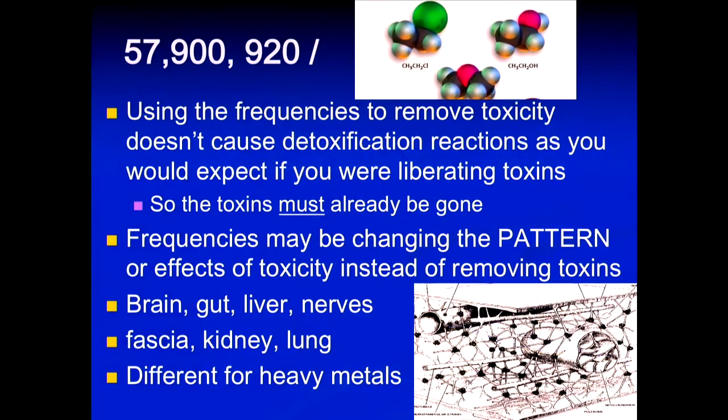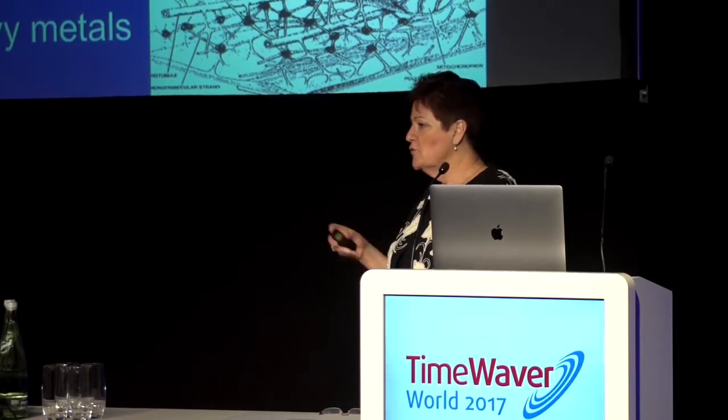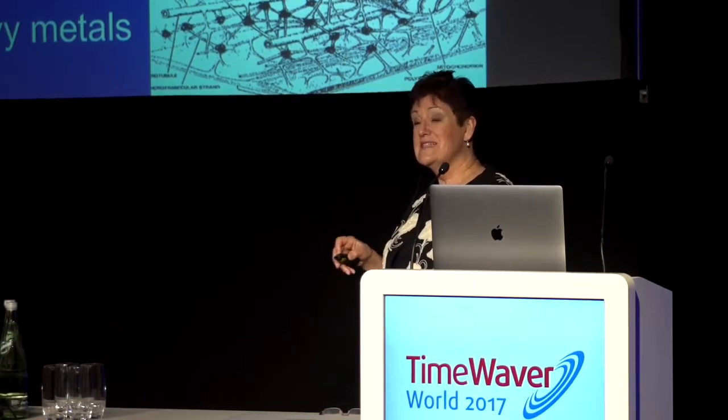We run 57, 900, 920 on the liver, the brain, the lung, the pancreas, the gut, wherever tissue and function has been affected by toxins. We run these frequencies, and in 20 years, I've never made anybody sick. If we were removing toxins, they should get sick, right? The results of the treatment educate you, teach you. If we were removing toxins, it would have made them sick, and they didn't get sick.